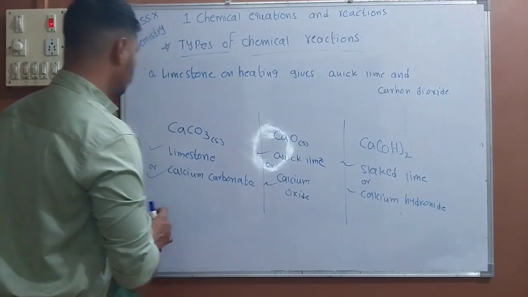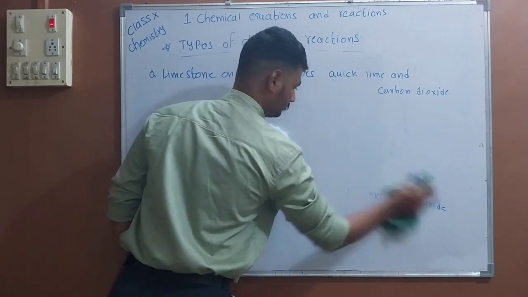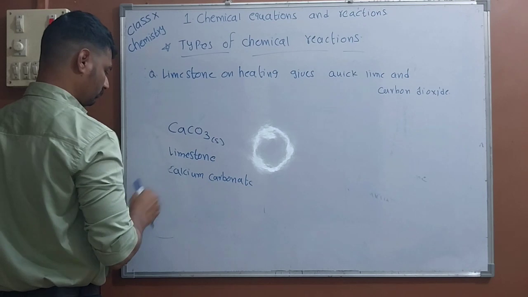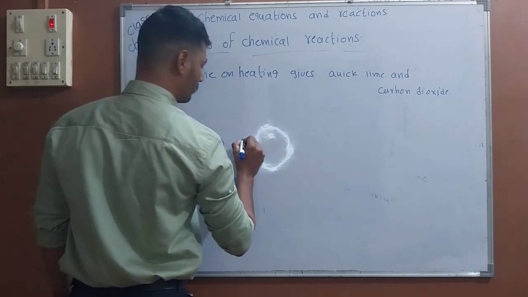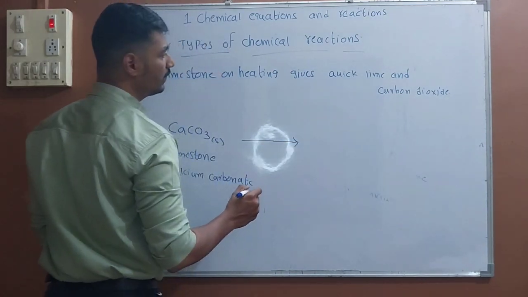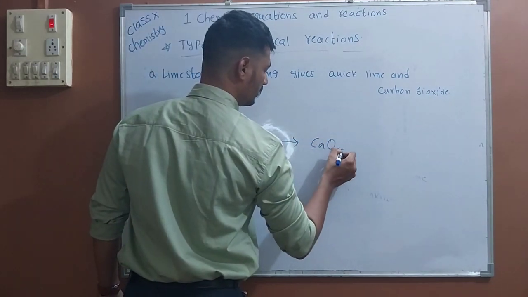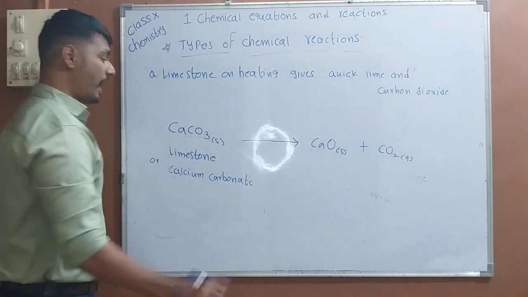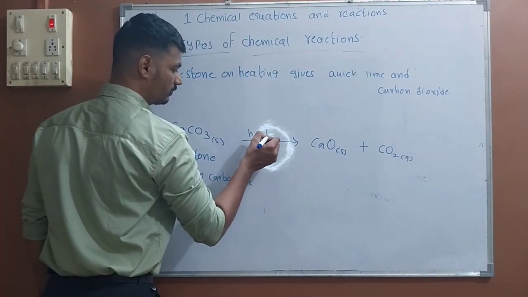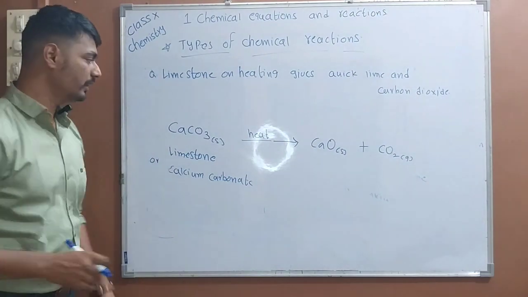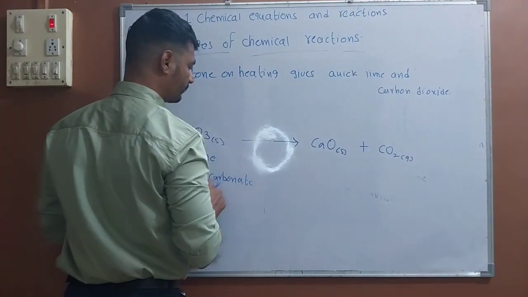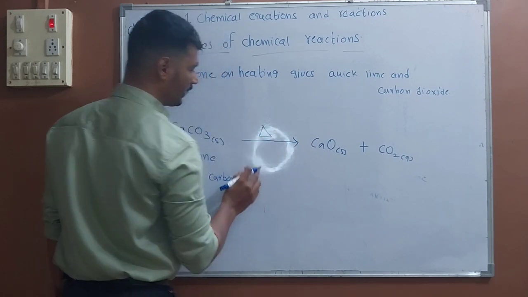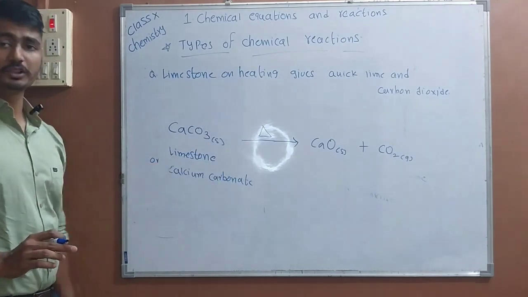So you need to understand the various names of these compounds. Now our main reaction is limestone or calcium carbonate on heating gives quicklime CaO plus CO2, which is a gas. Here I can write heat, or I can write the symbol delta, which is used for heat in many reference books and textbooks.